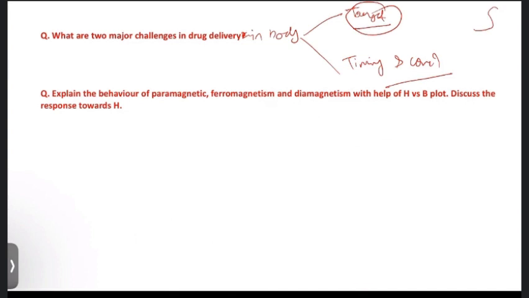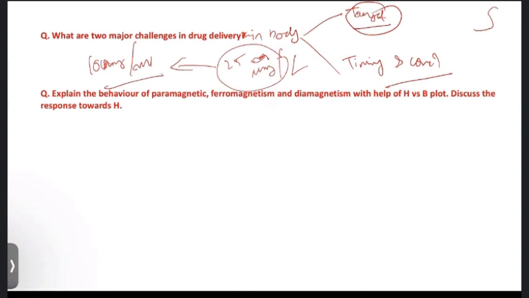Suppose your infected part wanted 25 microgram per ml concentration, but by the time it reached that part, only 10 microgram per ml remained. To get 25, you have to increase more.